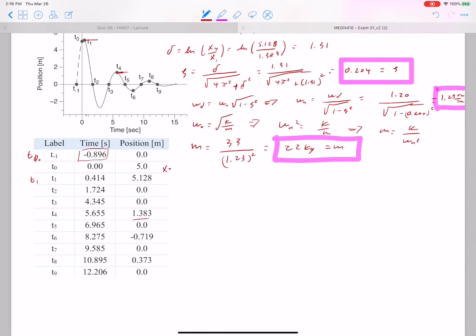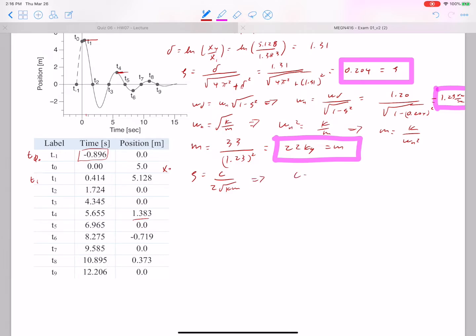Effective damping rate. We can get that because we know that the damping ratio is equal to C divided by 2 times the square root of km, and there are other versions of this that all equate to the same thing.